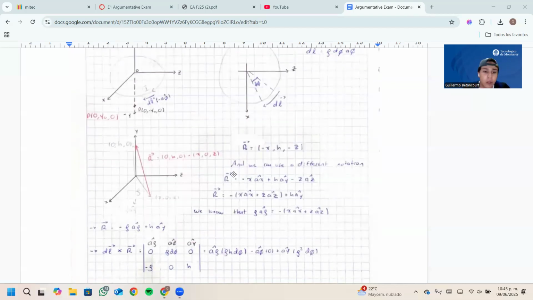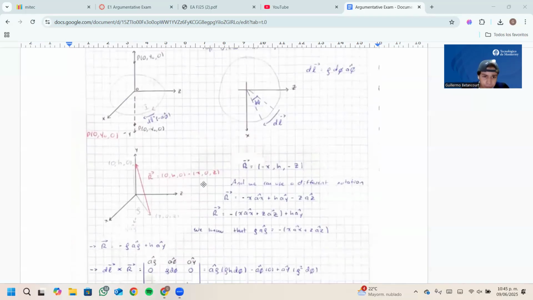So in the first point, we know that some point in the current has the value x, 0, and z. Also, we know that there is a radius, in this case rho, which value is rho in the direction of rho.